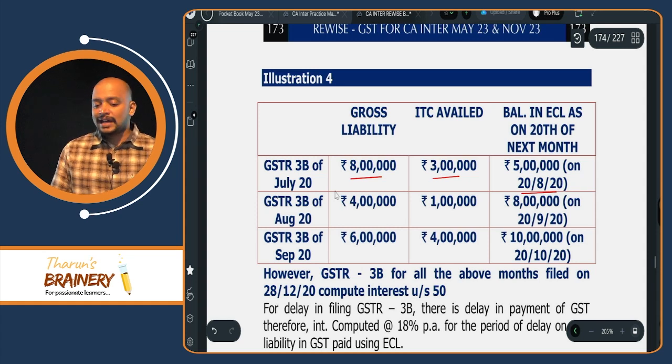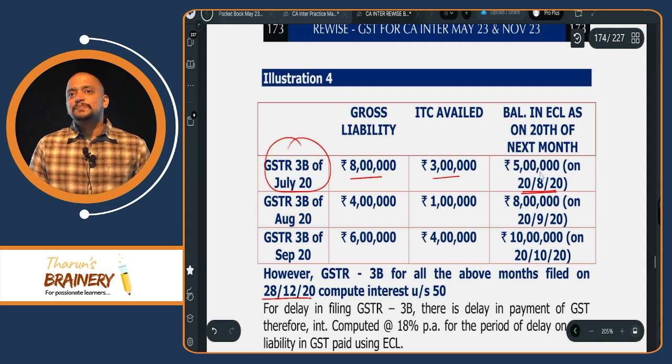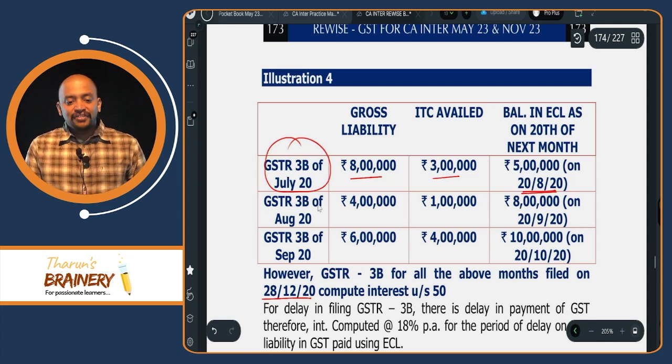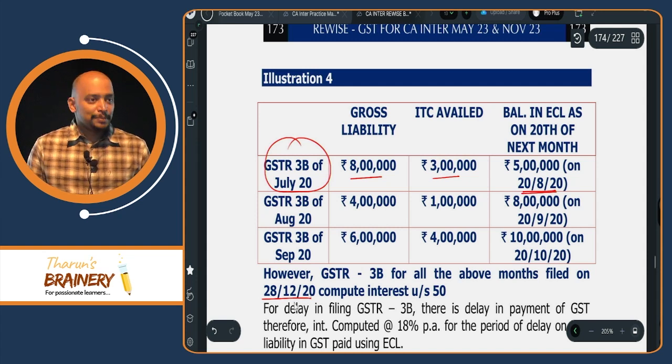But what happened is that GSTR 3B for all the above months was filed on 28th December. So when should the GSTR 3B of July have been filed? 20th of August. But what this person did, he deposited 5 lakhs in the cash ledger but filed 3B on 28th December. So as there is a delay in filing 3B, interest is payable.